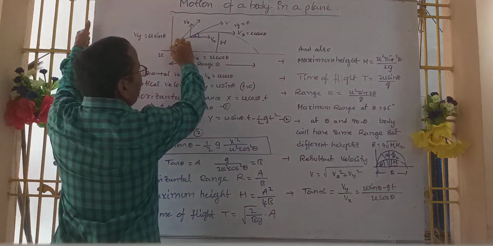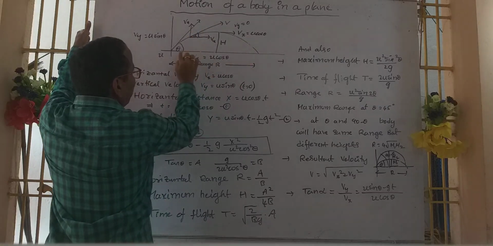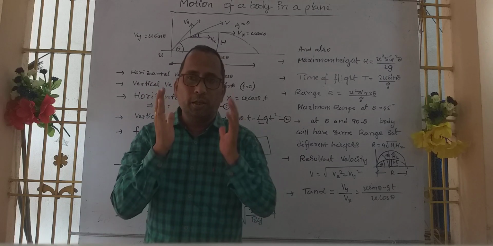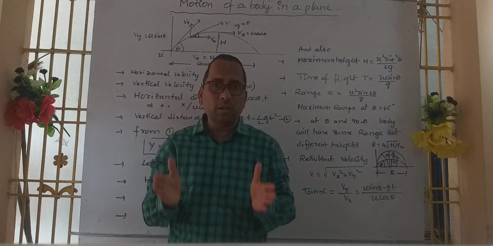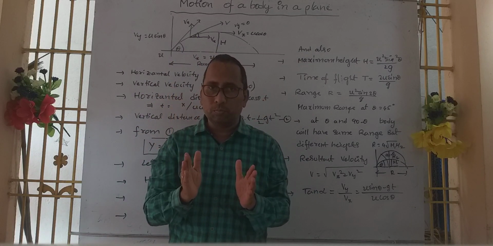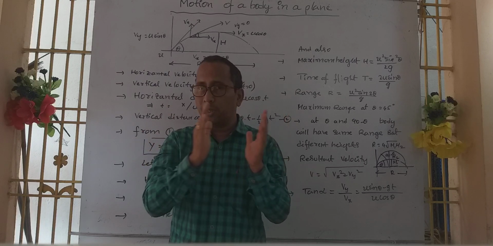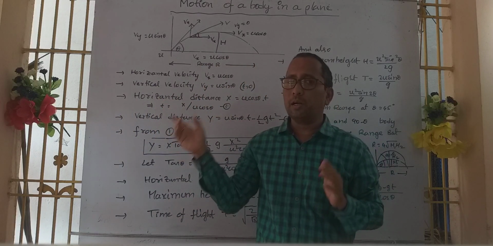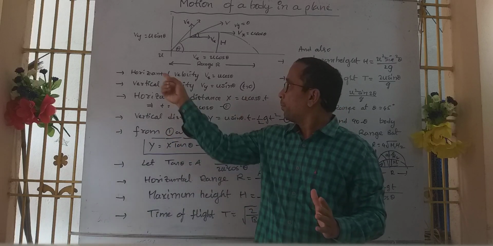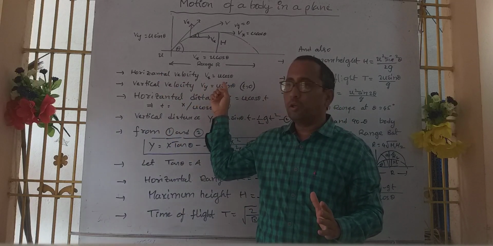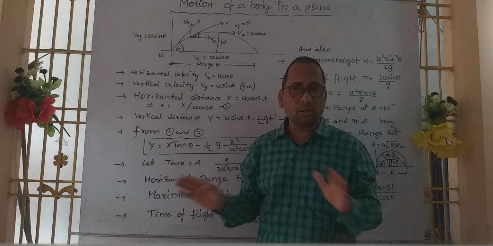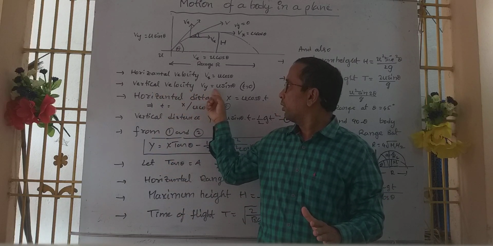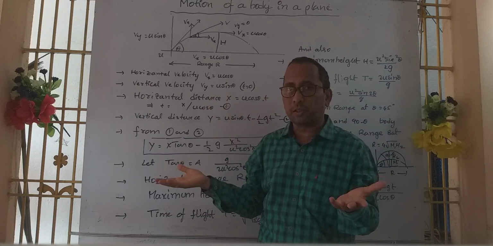A body is projected making an angle theta with the horizontal, and the velocity given to the body is u. Then the velocity is resolved into two components, u cos theta and u sin theta. Here Vx is equal to u cos theta, constant, and does not change with time. But the vertical velocity u sin theta changes with time.